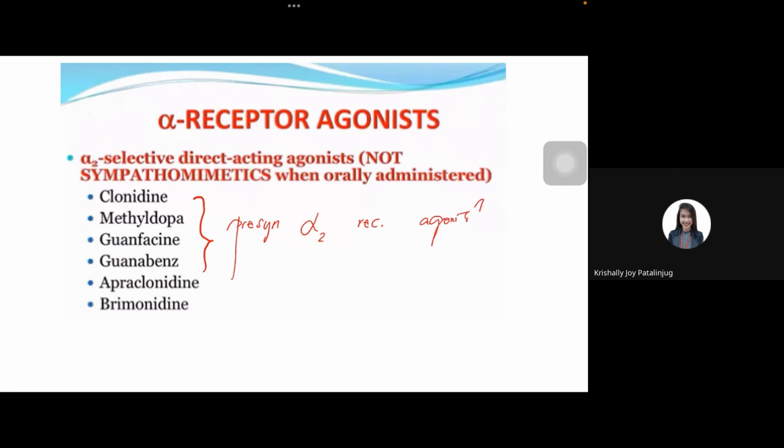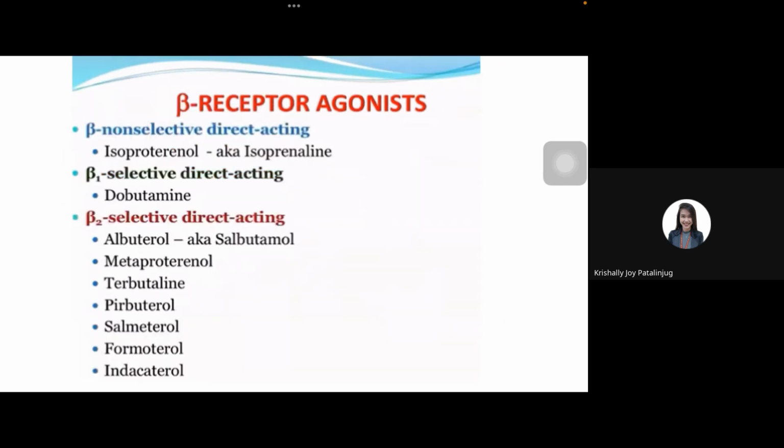Whereas yung remaining two, apraclonidine and brimonidine, they are able to activate naman the postsynaptic alpha 2. So these are examples of alpha 2 agonists, presynaptically acting and postsynaptically acting. Kapag pangalan na ng gamot, your turn na yan to memorize them.